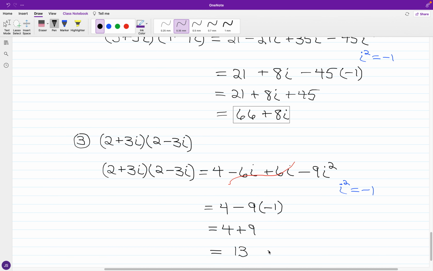And if there were any other way to express this, since I don't have an i term with a natural number coefficient, since those negated, I could say 13, or if I had to give it in terms of explicitly a plus bi terms, the only thing I could really say is 13 plus 0i.